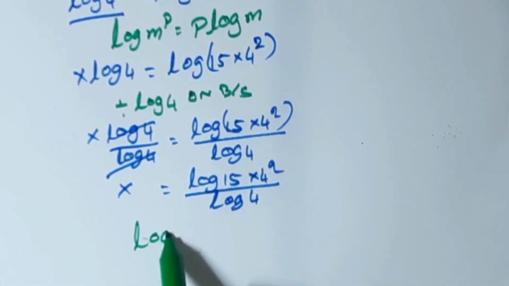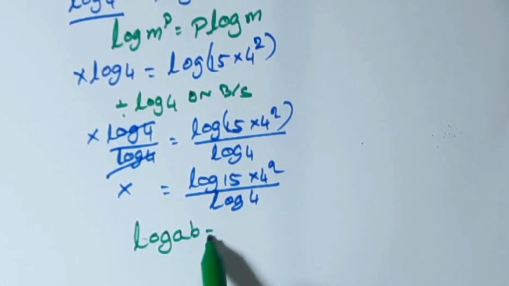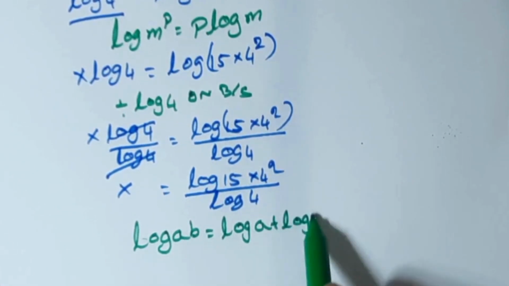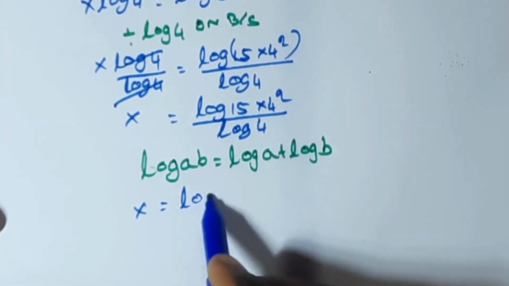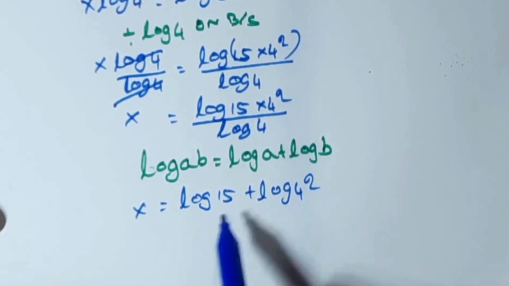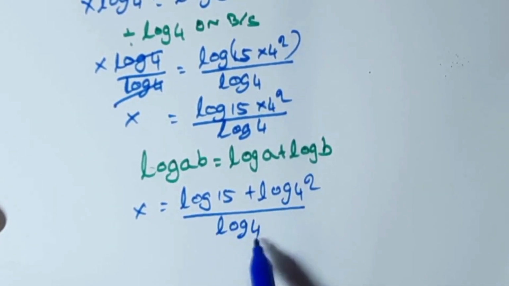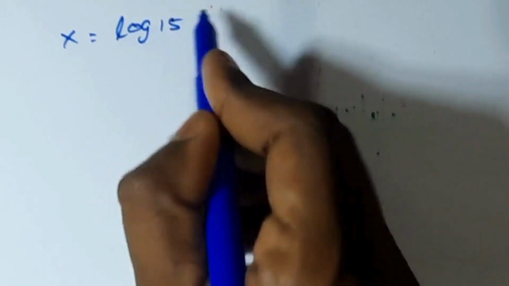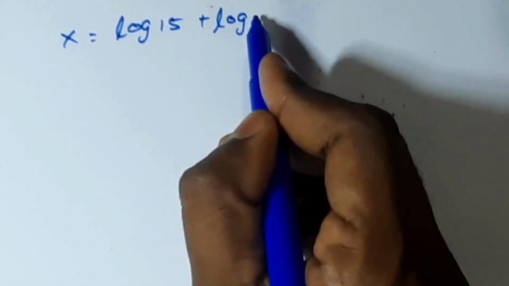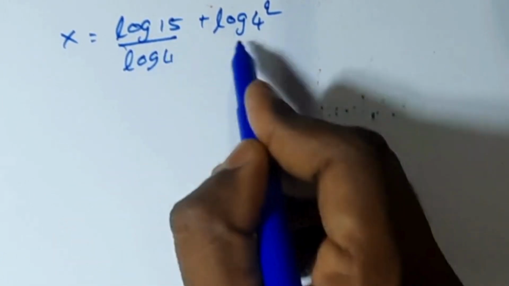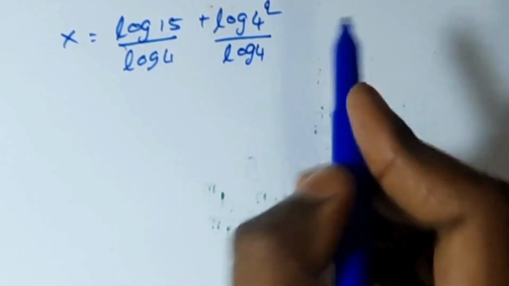Now we are going to apply this log formula. Log AB equal to log A plus log B. Now x equal to log 15 plus log 4 square by log 4.